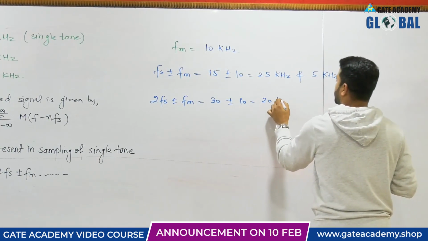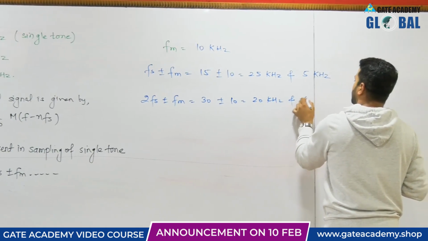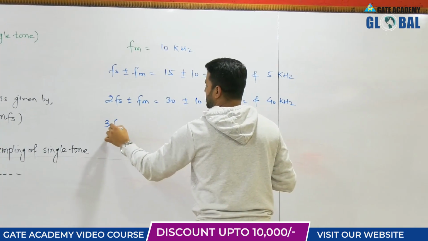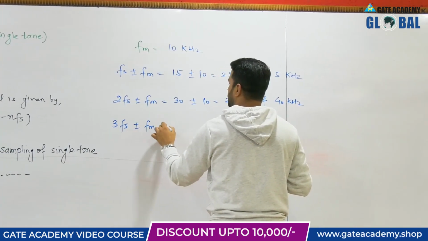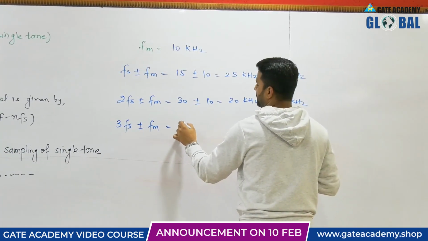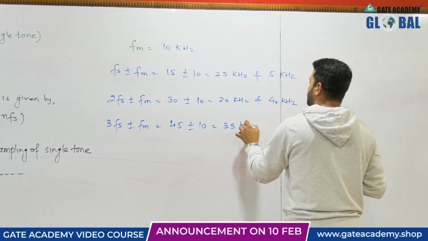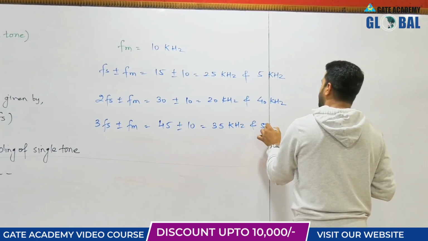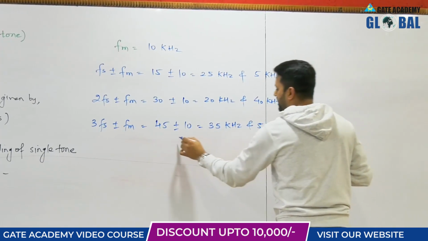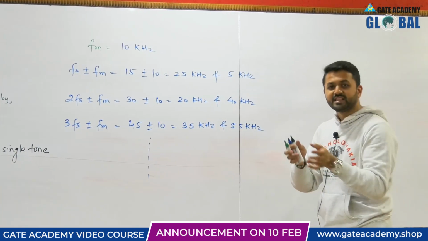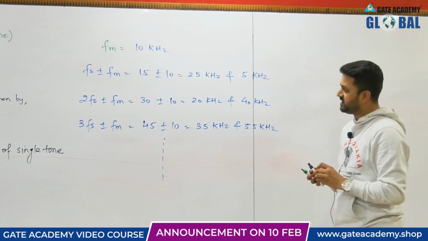So we get 20 kHz and 40 kHz. And if I calculate 3fs plus minus fm, then it is 45 plus minus 10, which is 35 kHz and 55 kHz and so on. So these are the frequency components that are present in the sampling of the signal.